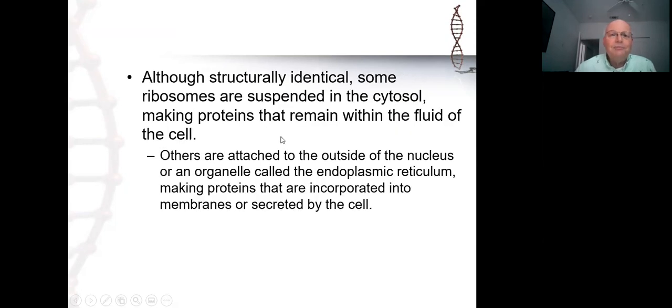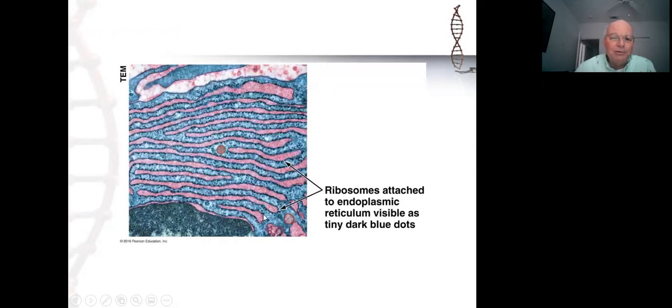So the ribosomes themselves are out here in the cytoplasm. These are the little black dots. All ribosomes start out as free ribosomes.